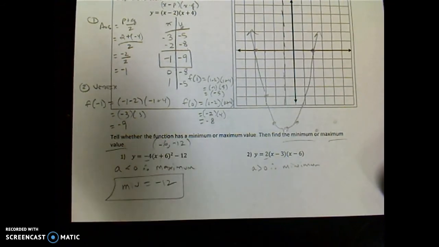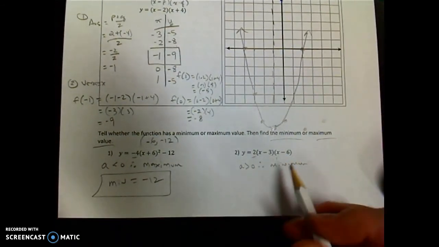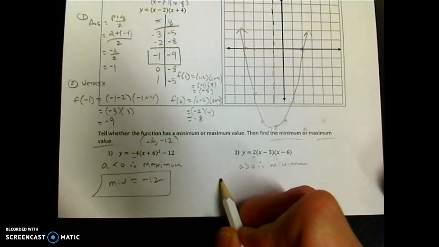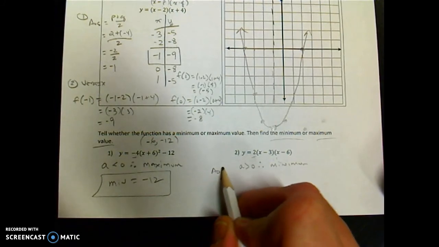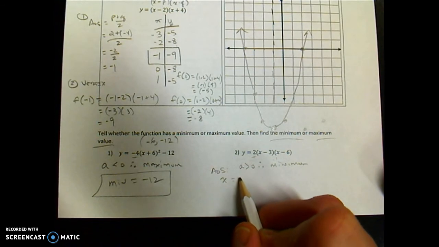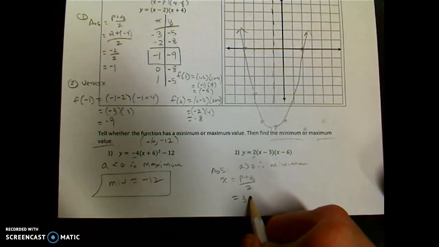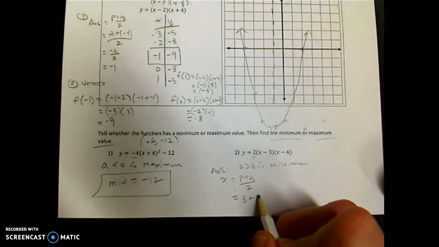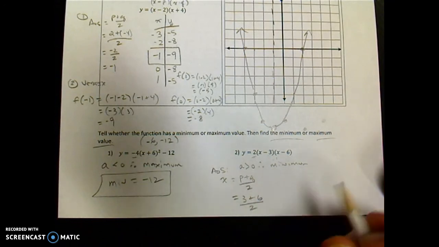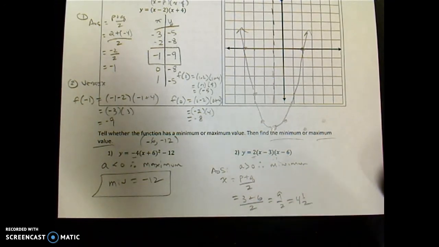So in vertex form, finding your minimum is pretty cut and dried. Let's take a look at how that works in intercept form. So remember, my axis of symmetry is going to happen at x equals p plus q over 2. My p is 3. My q is 6. That's the value 4.5.